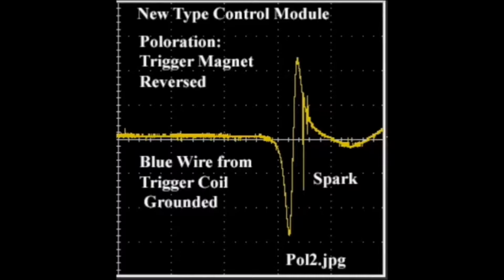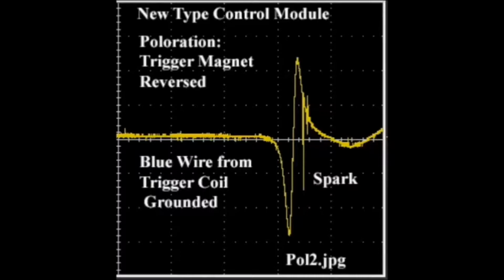The reason I had it the way we did in the previous pictures is that the magnet on the flywheel is actually reversed from my normal standard way of doing things.